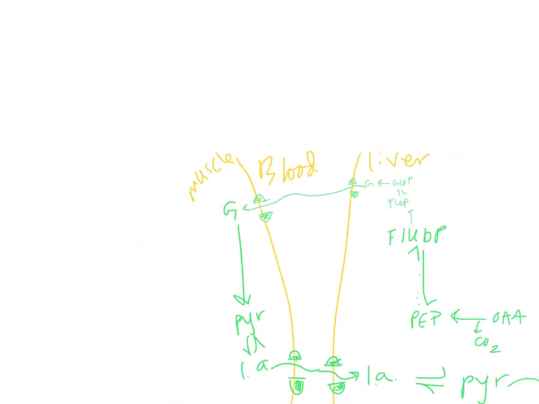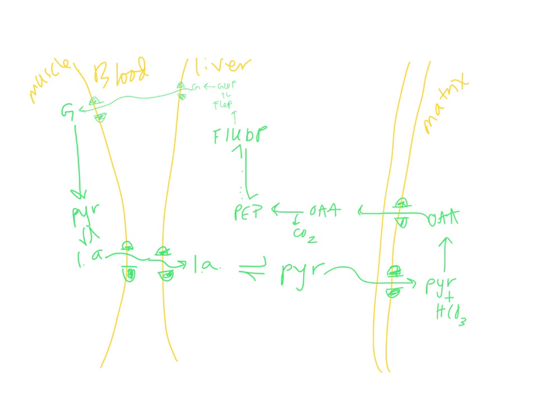Okay, that's the Cori cycle with glycolysis and gluconeogenesis and some fermentation.